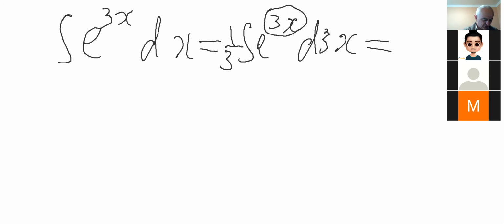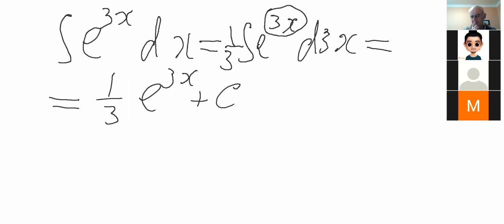So it's going to be 1/3 coefficient, e to power 3x plus c. Now check yourself, and I will give you a similar example.